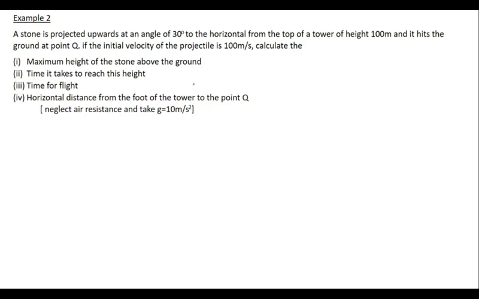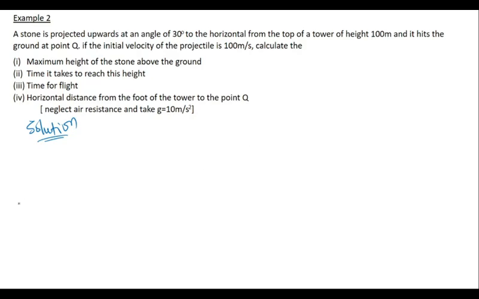So let's dive in. So we write our solution. Alright, so first of all, we need to draw the diagram so that we can see what is going on over here. So we have a stone projected upward at an angle of 30 to the horizontal from the top of a tower.